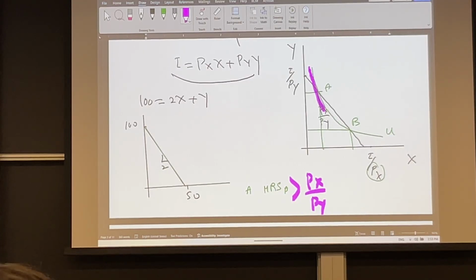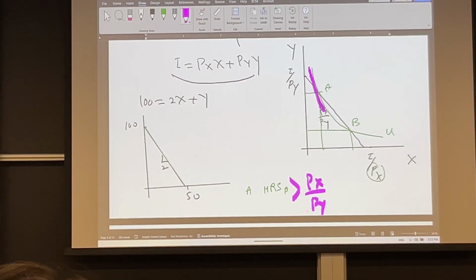What does that say? What's the signal that gives the consumer? At point A, MRS is more than relative price. What does that mean? Yeah? You buy more X because of Y. MRS is basically how much you like X compared to Y. This is how much it costs you to buy one unit of X compared to Y. You like X more than how much it costs you to buy it.